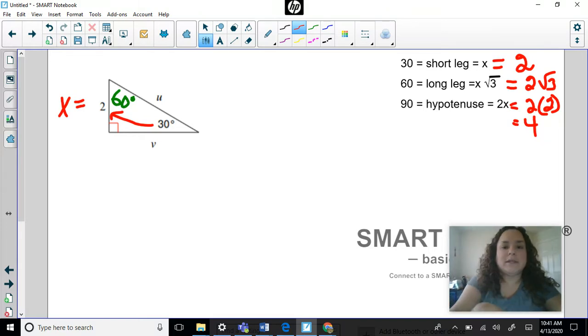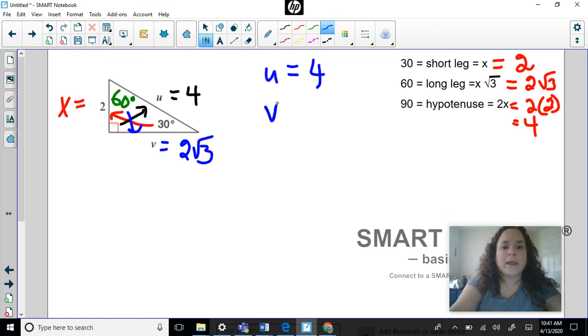So our hypotenuse has a value of 4 and our long leg has a value of 2 square root of 3. The answers are u equals 4 and v equals 2 square root of 3.